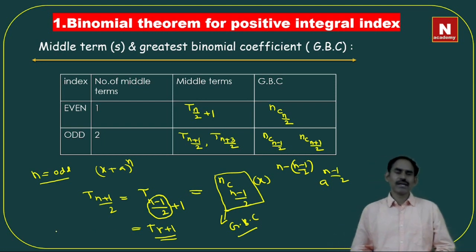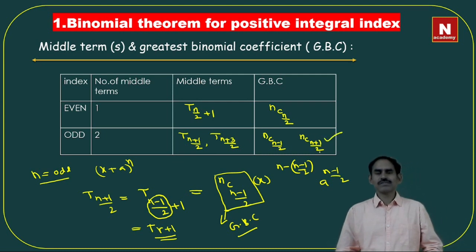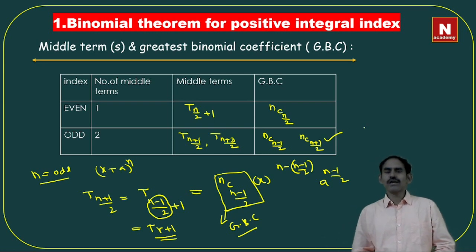In a similar manner, we can write the other greatest binomial coefficient, nC n plus 1 by 2. But these two are always equal: nC n minus 1 by 2 is nothing but nC n plus 1 by 2.